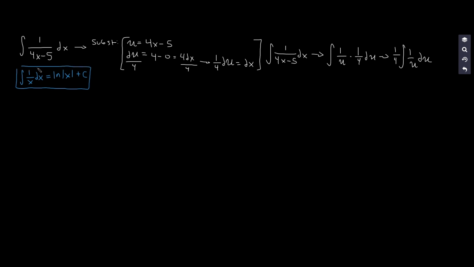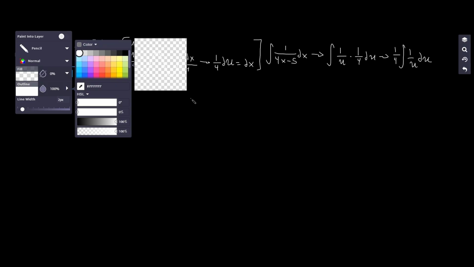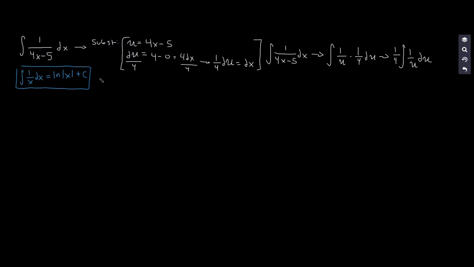So we'll apply this rule here, and we'll have 1/4 times the natural logarithm of the absolute value of u plus c. And then we'll have to back substitute. What that will look like is 1/4 natural logarithm of what we set u to, which is the absolute value of 4 times x minus 5, plus c. And that will be our answer.